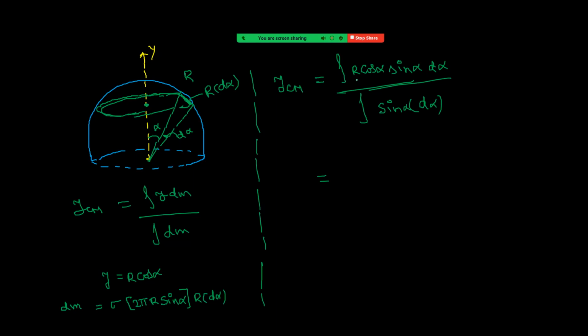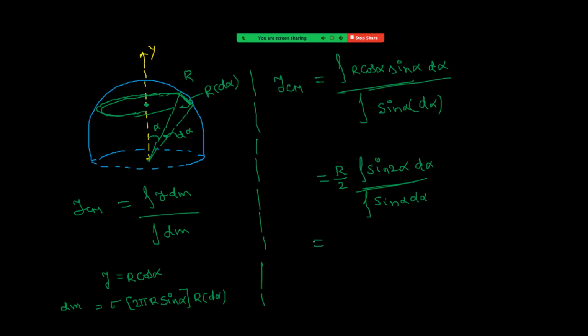So here, see what we can do. Take r outside, sin alpha, cos alpha. Multiply and divide with 2. So what happens is, it becomes now sin 2 alpha. Sin 2 alpha d alpha upon sin alpha d alpha.